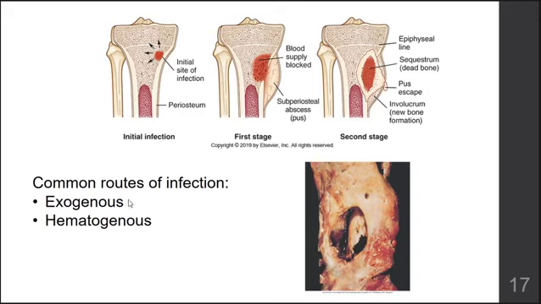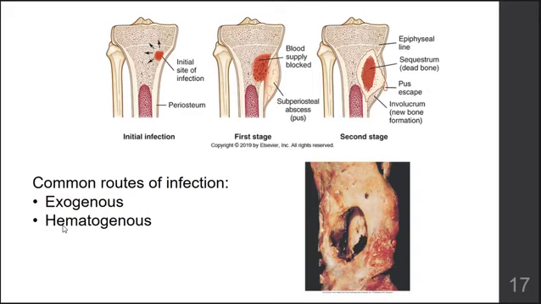And so that's the exogenous route of the development of osteomyelitis. With hematogenous, this has to do with, for example, sepsis, if somebody, or bacteremia, if somebody has bacteria within their bloodstream and it travels to the bone and infects the bone, then osteomyelitis can occur.